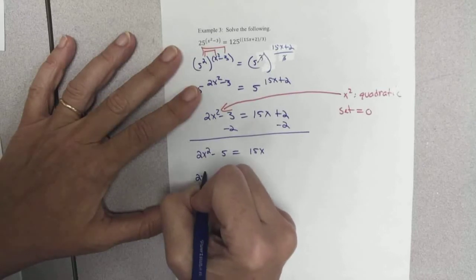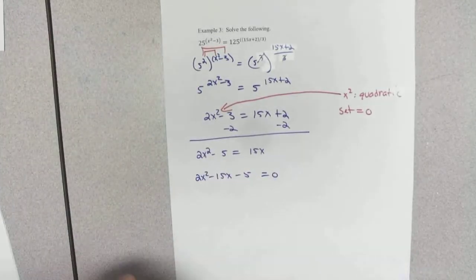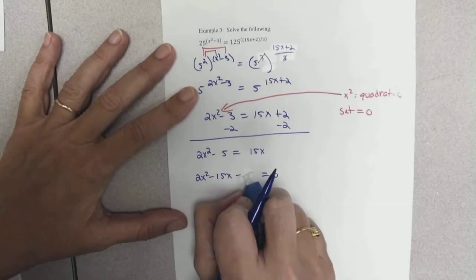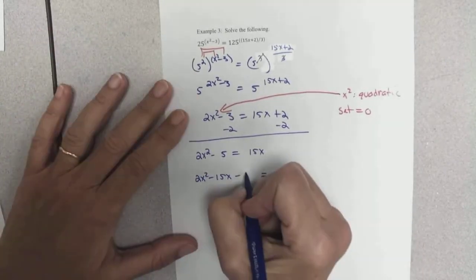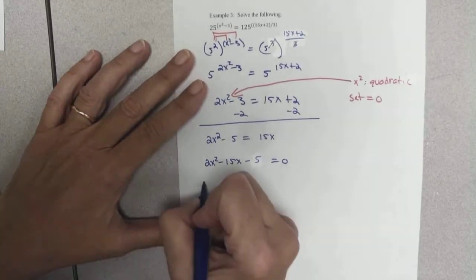Then I'll move the 15x to the other side. And then we try to figure out what to do from there. You either think about factoring or the quadratic formula. If you're not good at factoring, or if you just don't see the factoring, go to the quadratic formula. And I really don't think this factors, so we'll go to the quadratic formula.